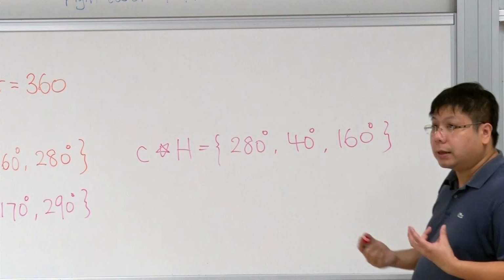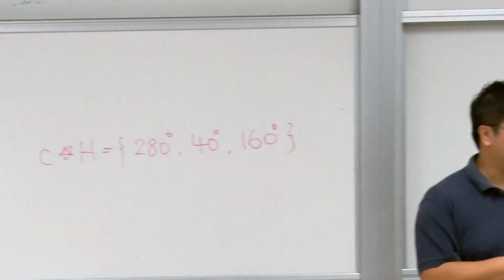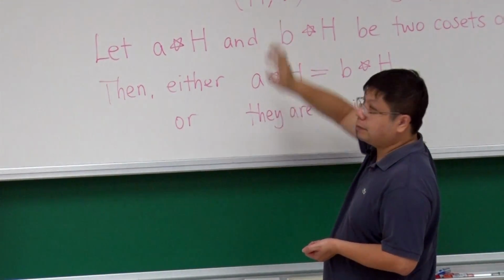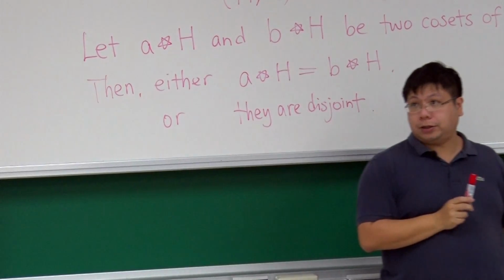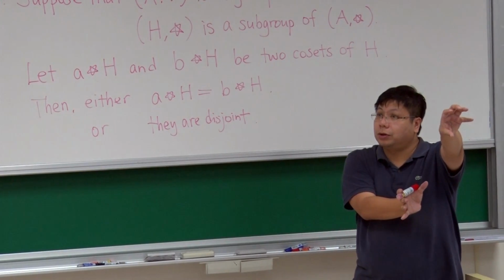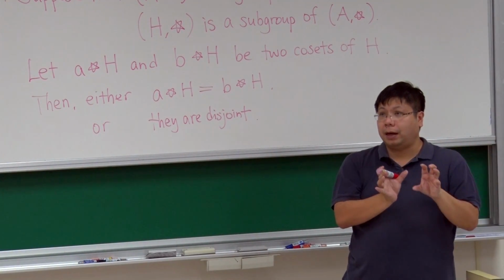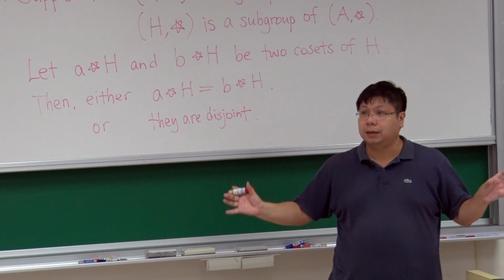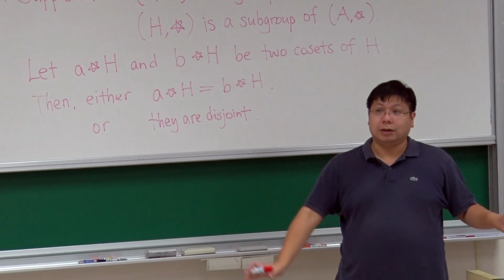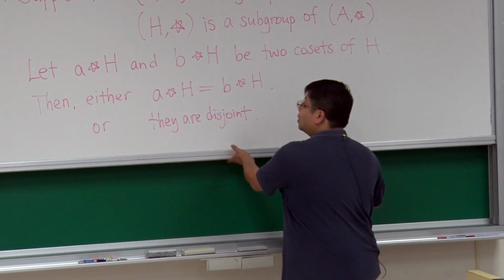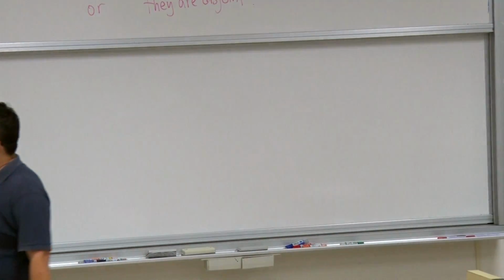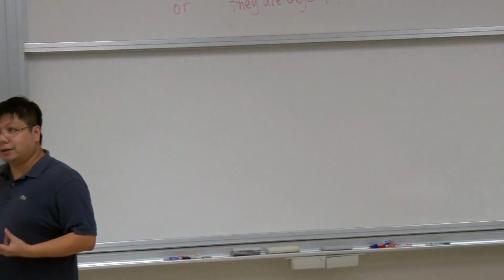So we want to show that this H is something very special. If H is a subgroup, then the cosets of H will either be identical or they are completely disjoint. They won't be just partly overlapping and have some other items that are not common. Is that okay? So either identical or completely disjoint. So what is the effect of having a theorem like this?